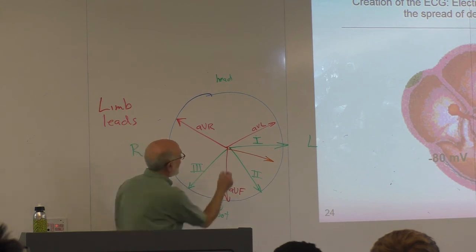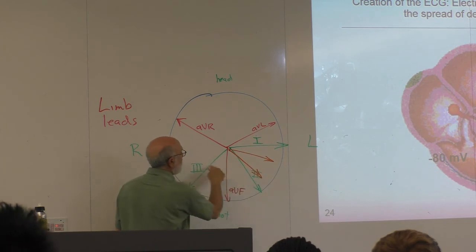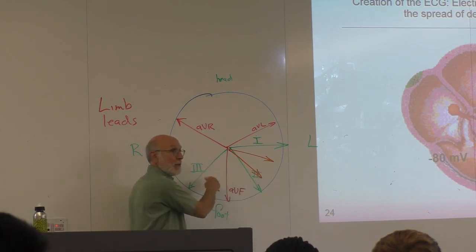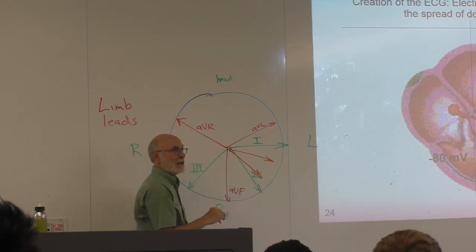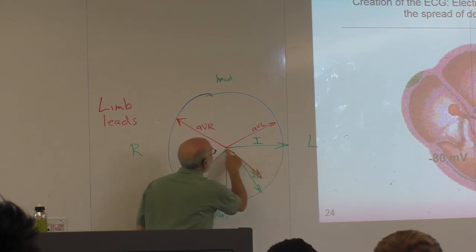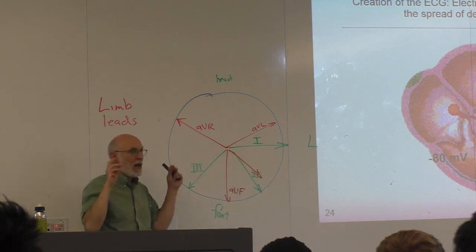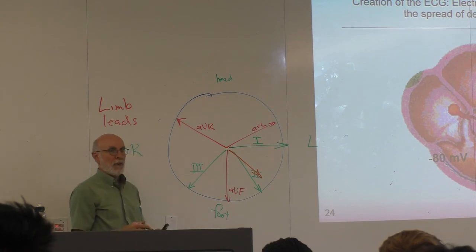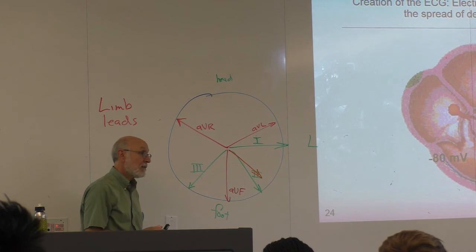If it was like this, it's almost perpendicular to lead 3, and a perpendicular vector gives you no signal in that lead. So this is sort of the condition I was describing, why lead 3 is blind to atrial depolarization. Did that answer your question?